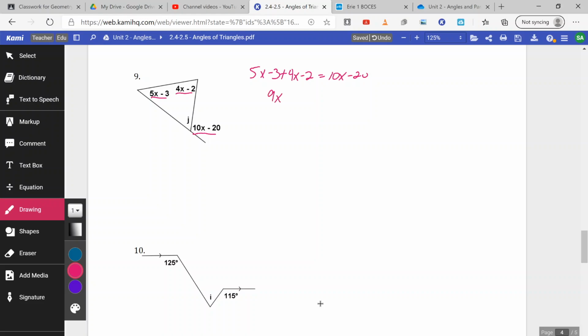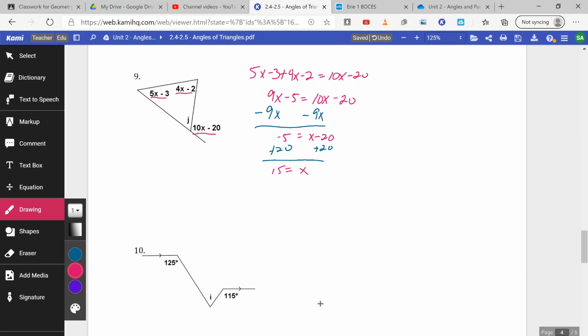So 9x minus 5 equals 10x minus 20. It's always easier to move the smaller variable over, so minus 9x. So we get negative 5 equals x minus 20. Add 20 to both sides, so we get 15 equals x.